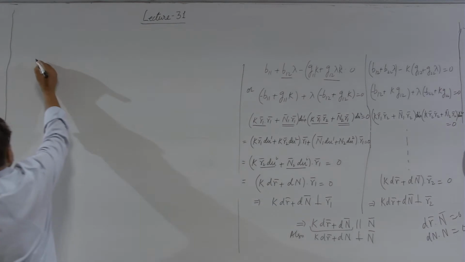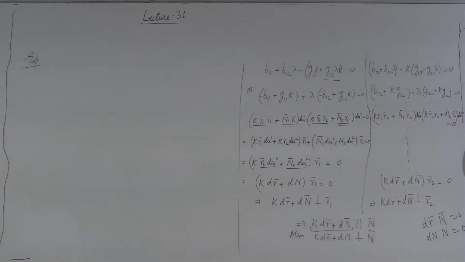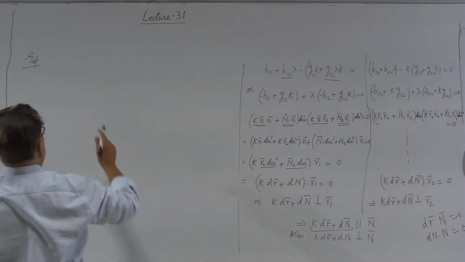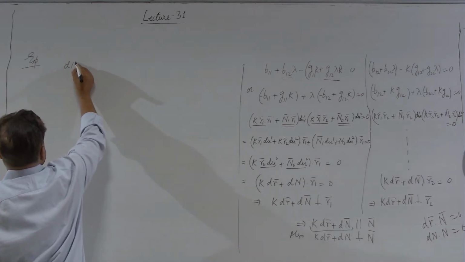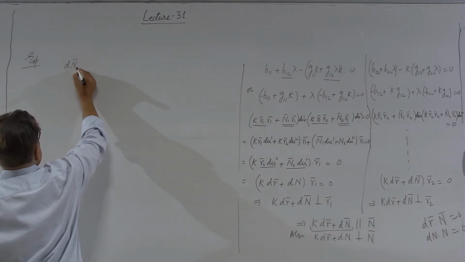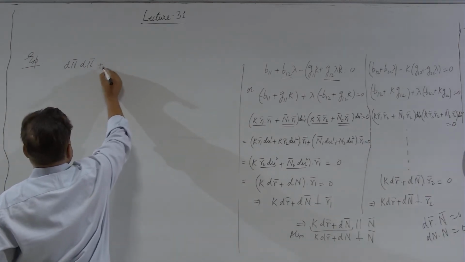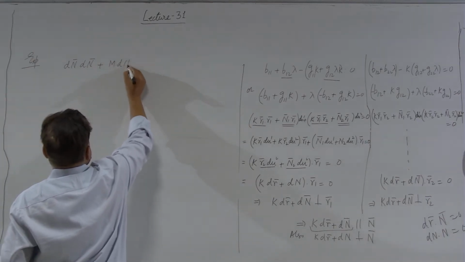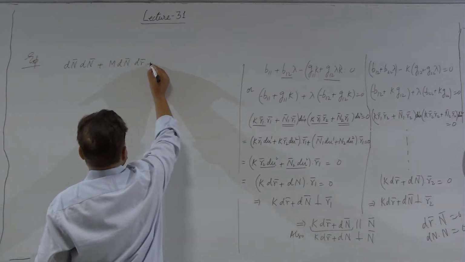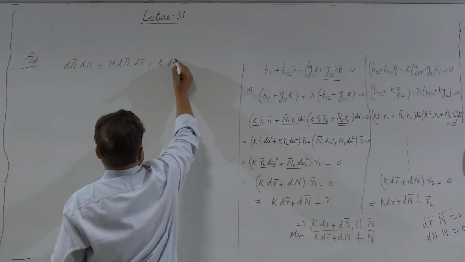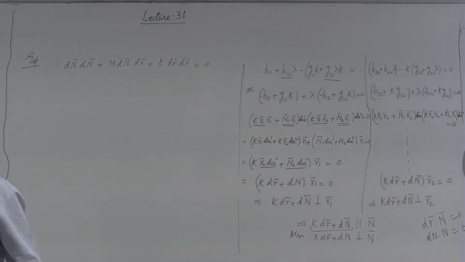So, there is an example. This says that the following condition holds. On a regular surface, we have, I am just writing down the mathematical equation, dn dot dn plus m times dn dot dr plus k times dr dot dr equal to 0.